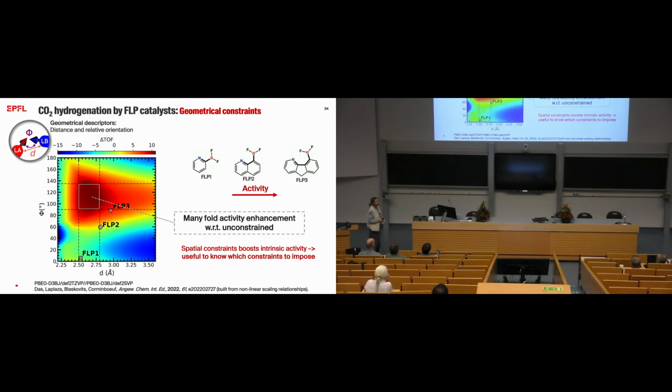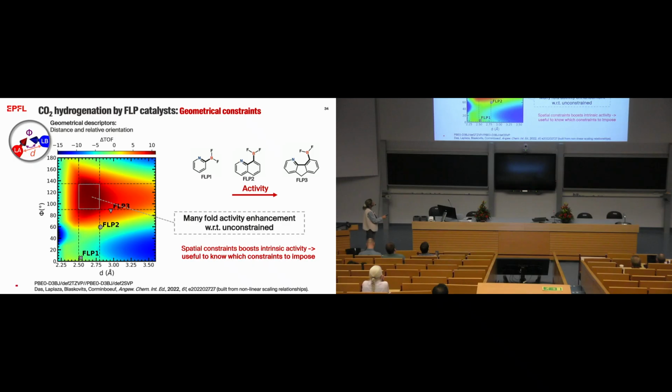And that's a delta TOF, so it's a delta of turnover frequency compared to having the acid and base completely free, right? So without constraint. And you see that you can really increase the activity by imposing the proper constraint. That's why it gets red.